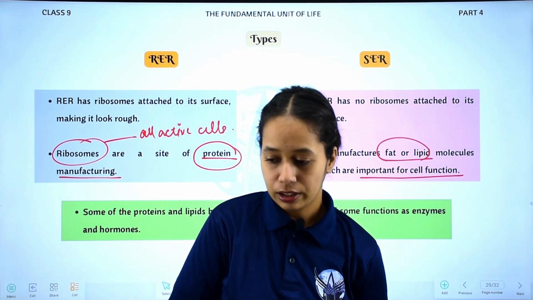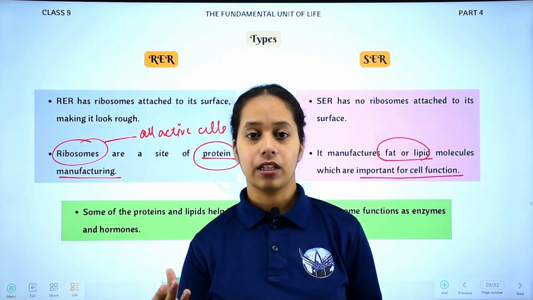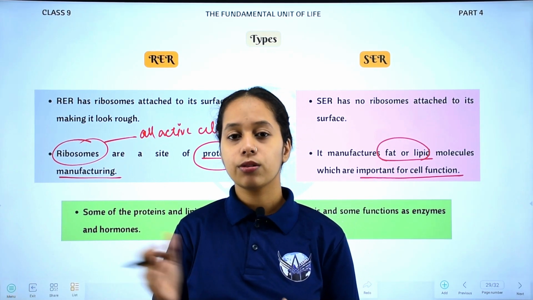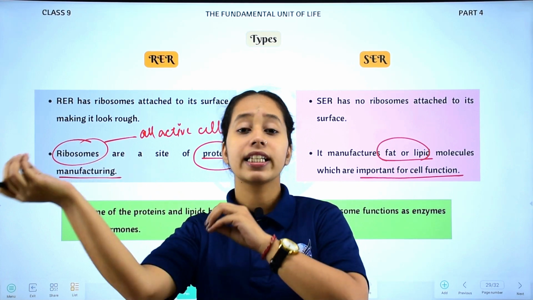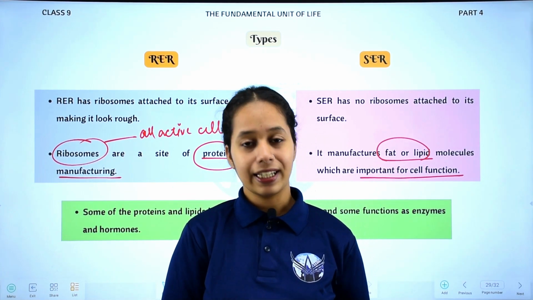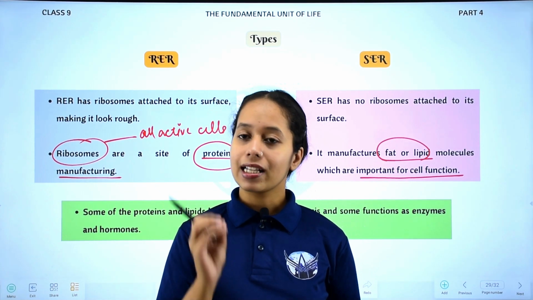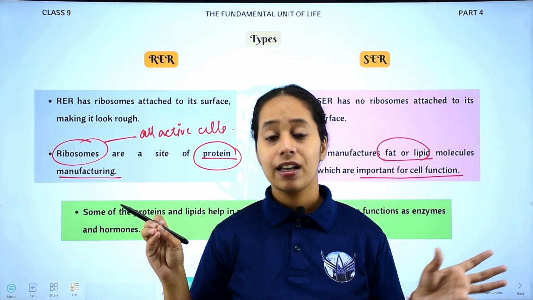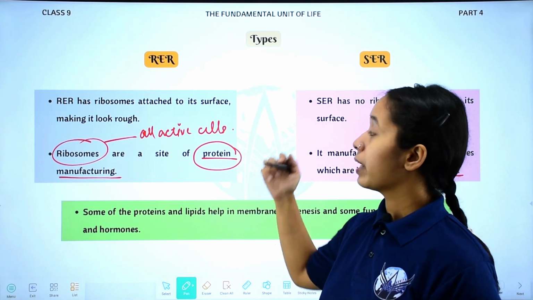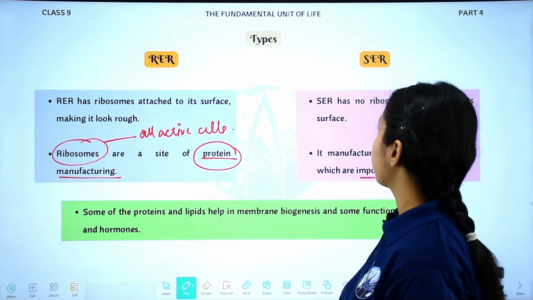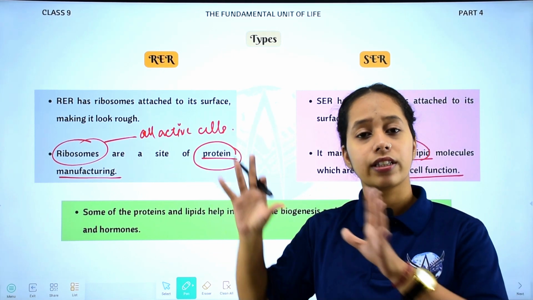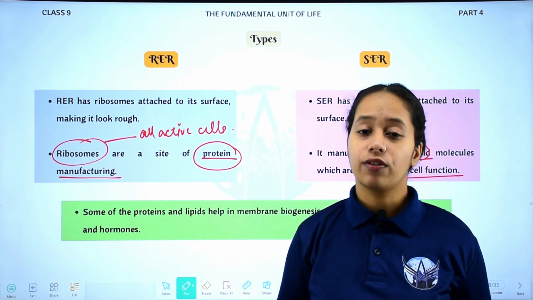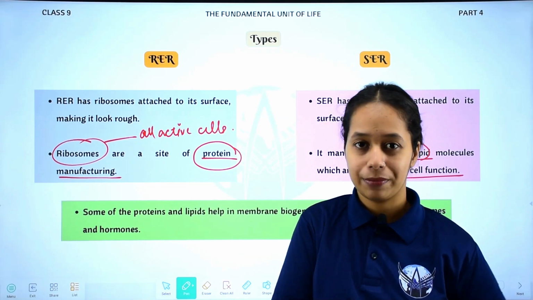Now if you recall, when we were discussing the plasma membrane, I told you that the plasma membrane is made of proteins and lipids. Yes, we did discuss that. So the proteins made by the RER and the lipids made by the SER, some amount of these proteins and lipids will go and help in the manufacturing of the cell membrane or the plasma membrane.